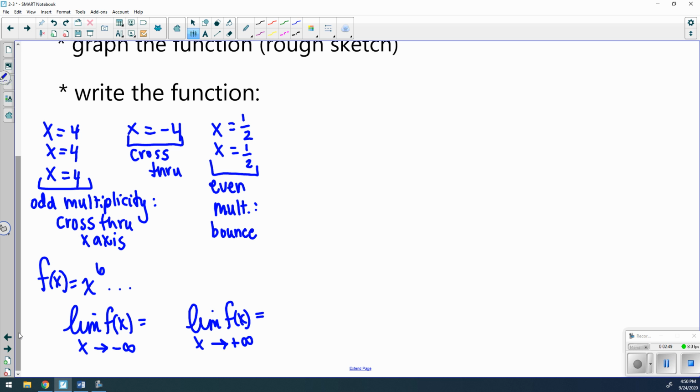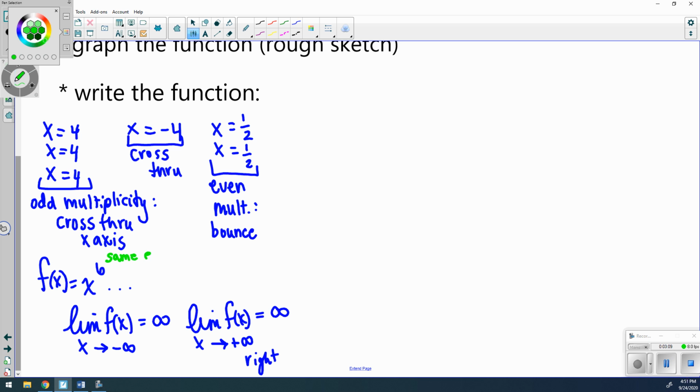Well, we're going to assume that the leading coefficient is positive, so I know that as it heads toward the far right, the function's heading toward +infinity, and with x to the 6th power, I know for sure it has the same end behavior on both sides because 6 is an even number.